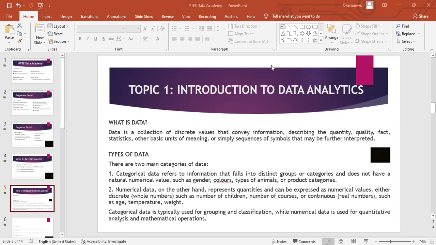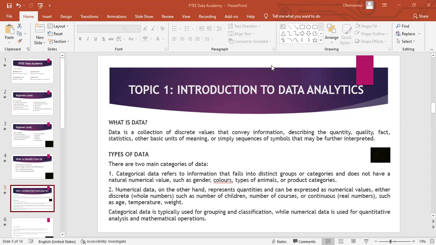So basically any information, any item that can be collected, organized, interpreted for further use, or for drawing conclusions, is what we know to be statistics. You understand? So those items that help us to achieve this are called data.